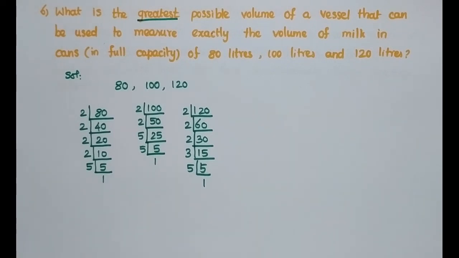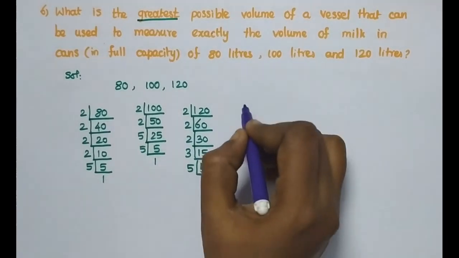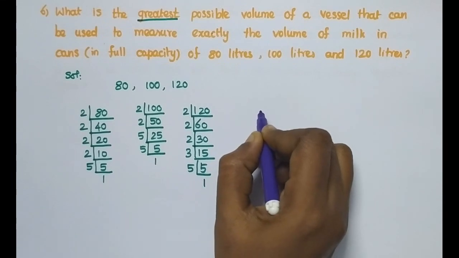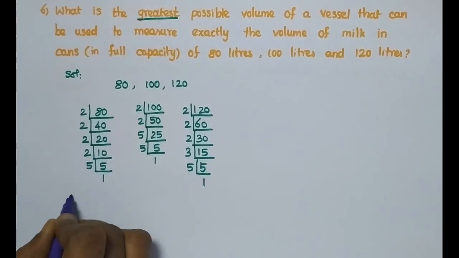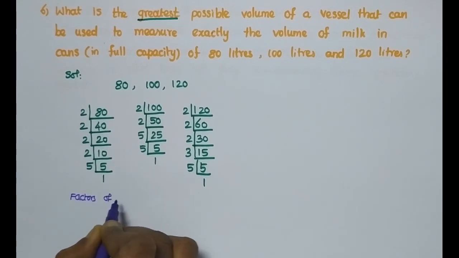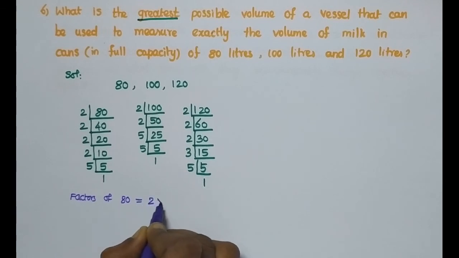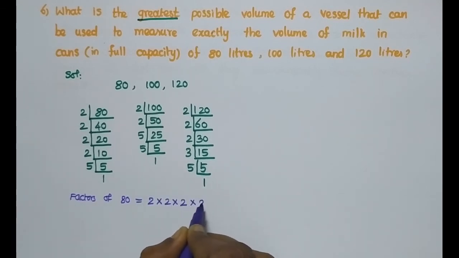Now the HCF of, write down here, factors of 80 equal to 2 into 2 into 2 into 2 into 5 into 1.